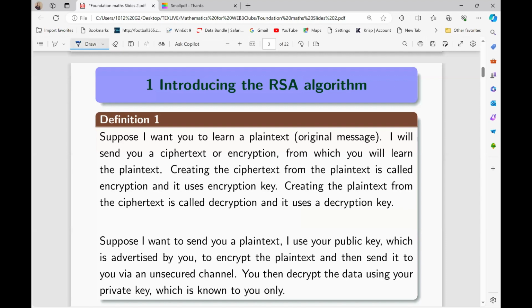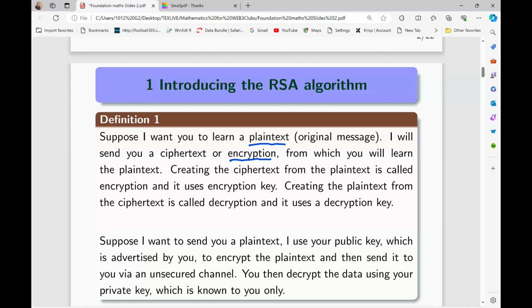This is just the original text that you have, and you want to send it to your colleague or your friend, so we shall call it plain text. But you don't send the plain text. So what you do is you encrypt it, so that if the enemy was able to intercept your communication, they will not be able to know what is inside.